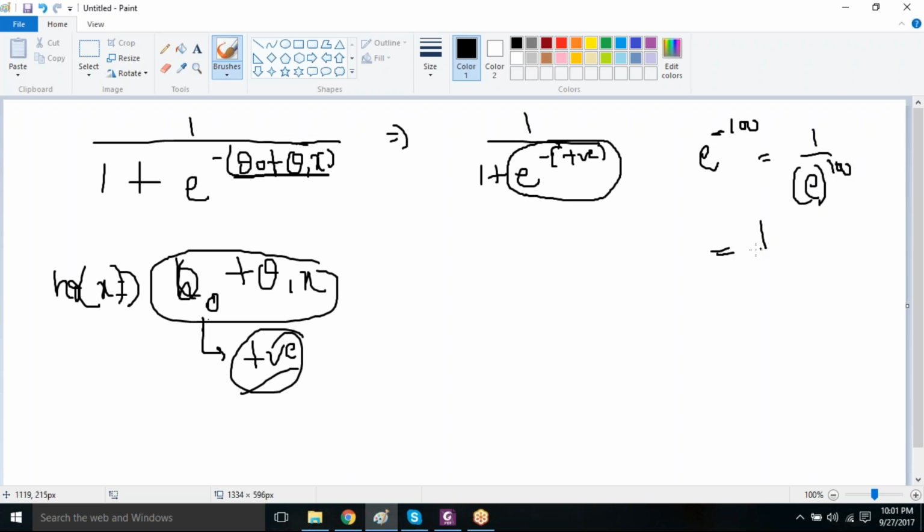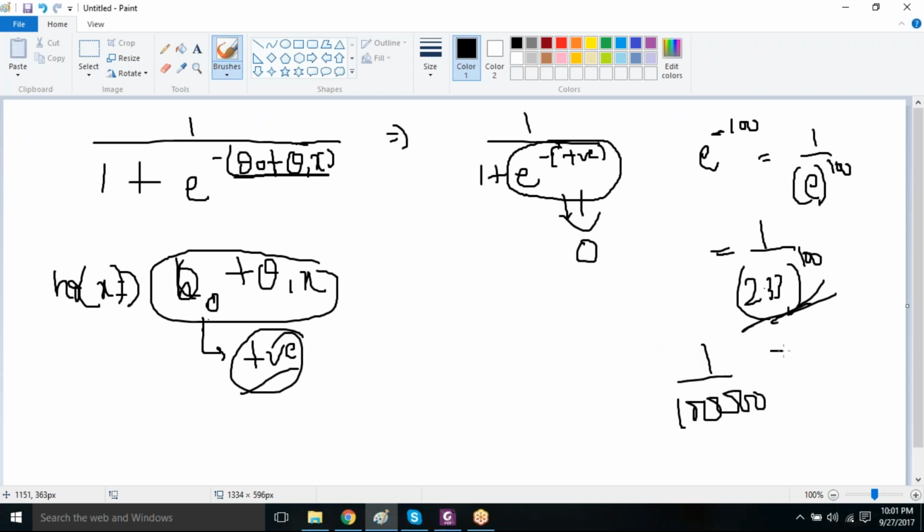And you can write this as 1 upon 2.33, whatever it is, raised to the power 100, which is a very big value. So this value will reduce to 0. 1 upon a very big value will be near to 0.